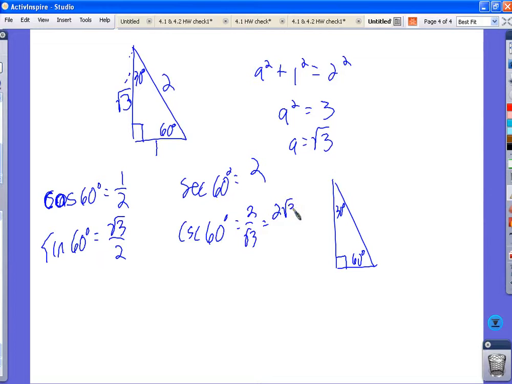It's 2 root 3 over 3. Tangent is opposite over adjacent. Root 3 over 1. Cotangent equals 1 over root 3 or root 3 over 3.